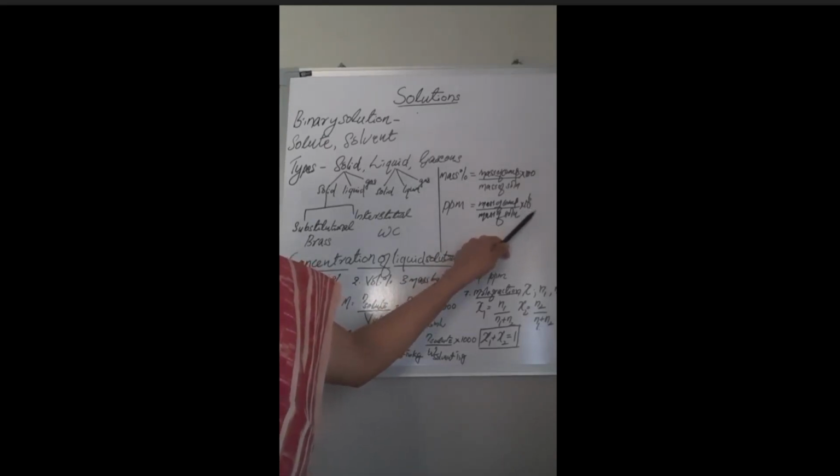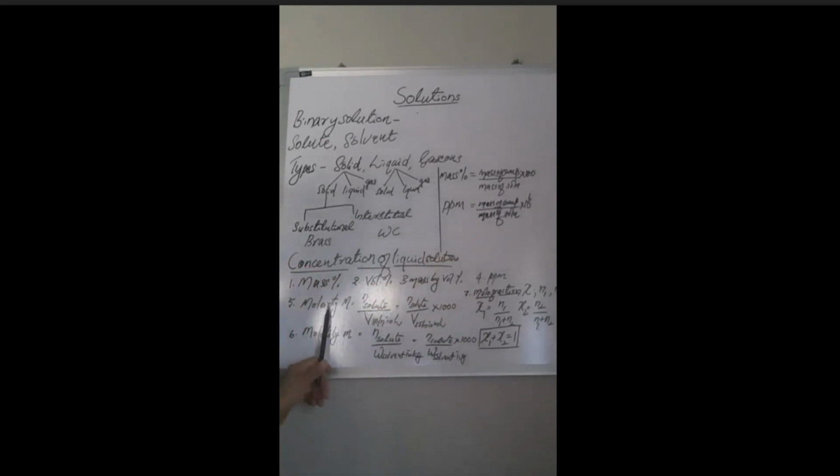meaning 1 million. Then another important method by which we express concentration is molarity, represented by capital M. It is defined as the number of moles of the solute present in 1 liter of the solution. Therefore, we can write the expression as M equals n solute by V solution in liters.